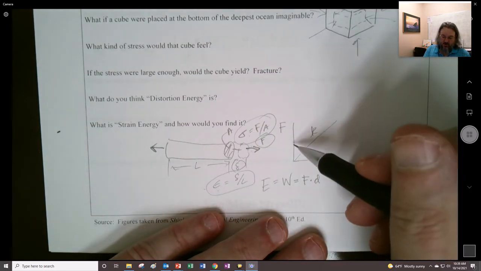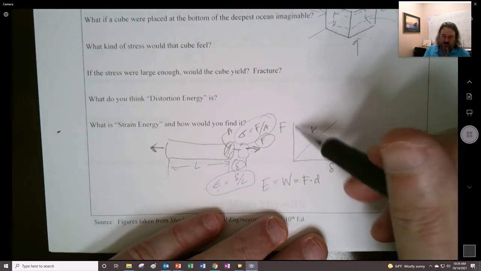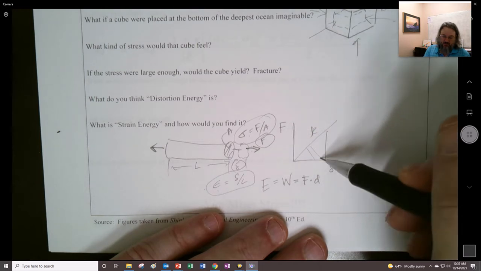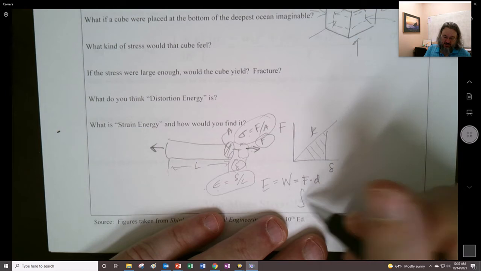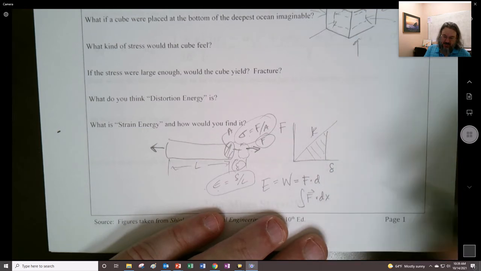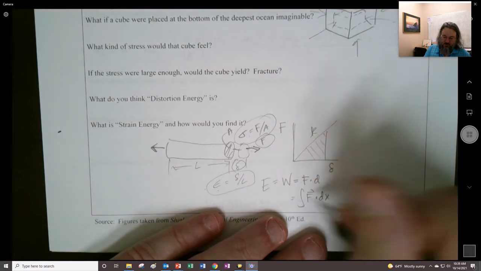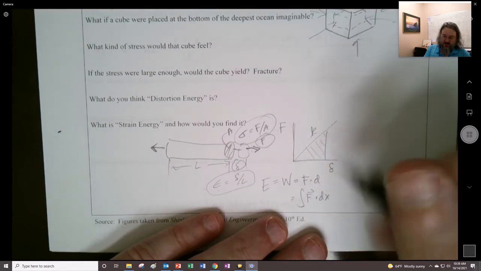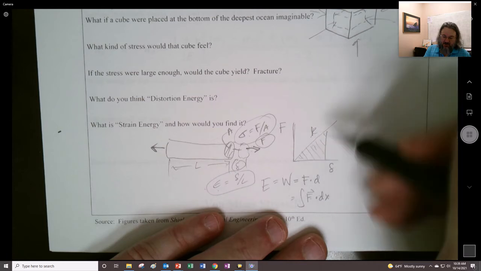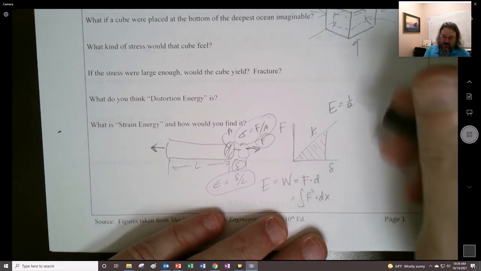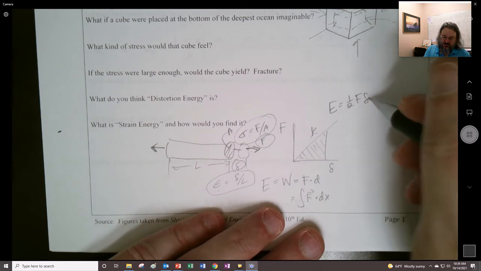But here's the energy if this thing were just a spring. It's the integral of F dx, or sometimes dr, and these have to be in the same direction. Integrating this, we end up finding that the energy is going to be 1/2 F times delta squared.